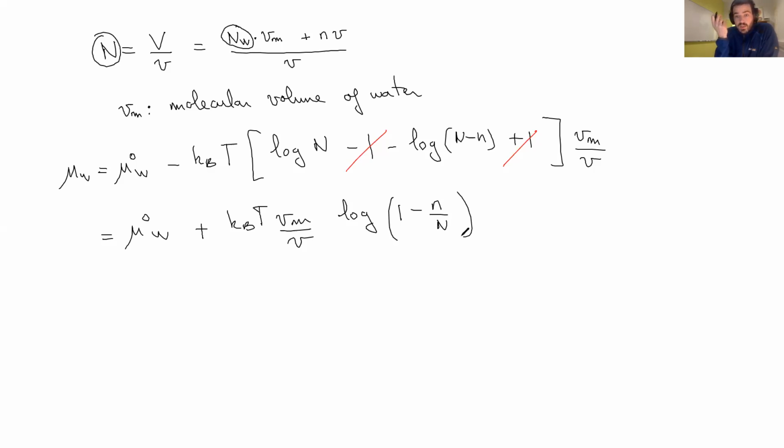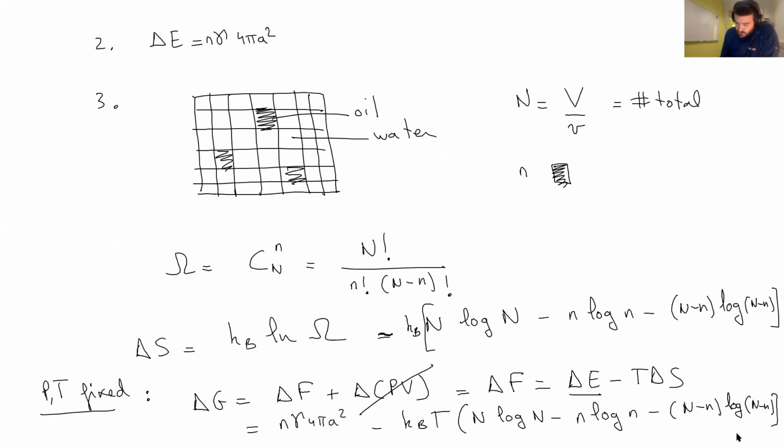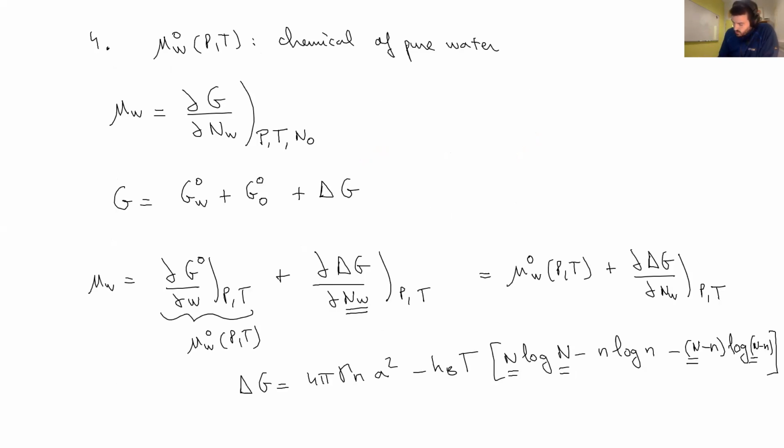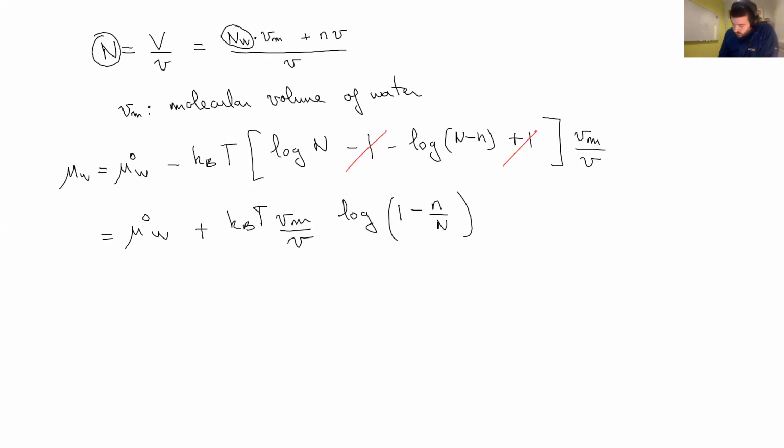All right, and now we have an assumption that we expressed at this stage. We assume that it was not written, but I said it orally. We assume that this was a small number. Okay, so small n over capital N is a small number. It's a dilute assembly of oil droplets within water. And so this can be transformed into Baptiste's formula, which is kBT Vm n over NV.